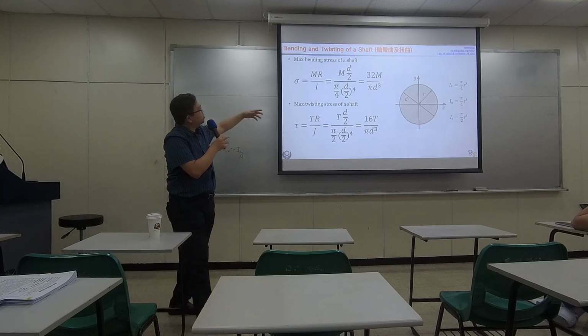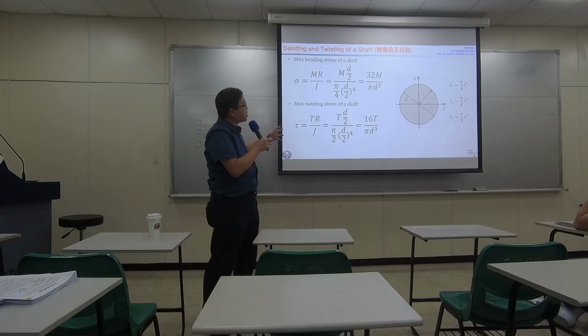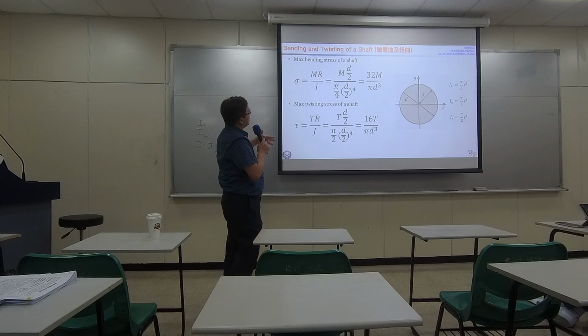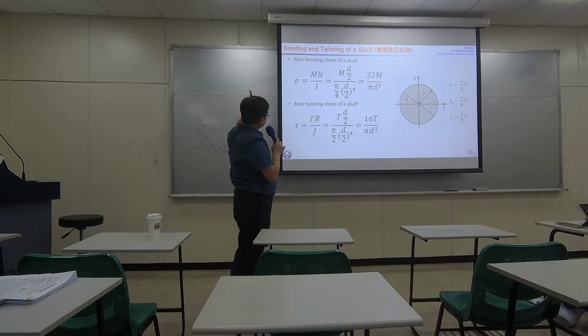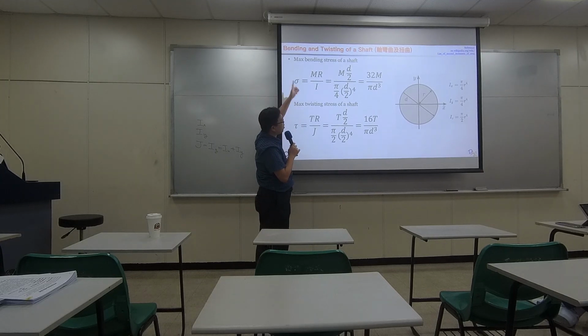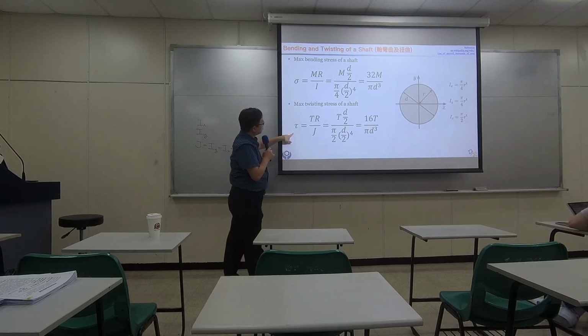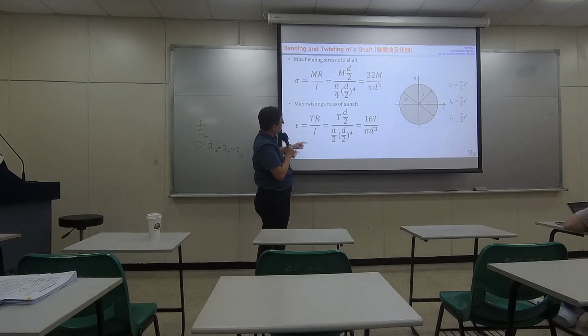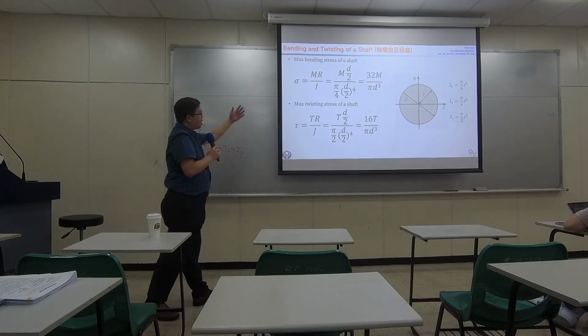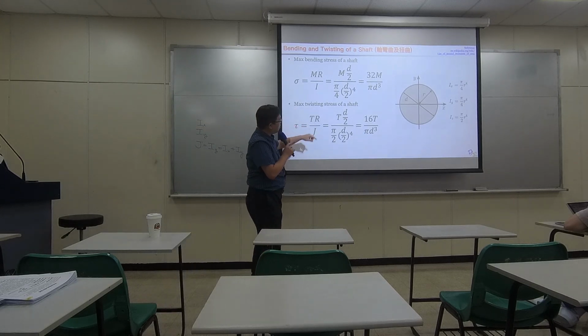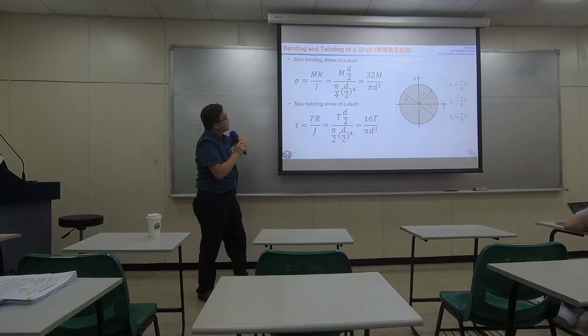Now let's put everything together. Let's try to bend and twist a cylindrical geometry, like a shaft or a rod, any way you want to call it. Same equations as what we mentioned earlier: sigma equals M radius over I, tau equals T times radius over J. I try to use the same symbols for both equations.